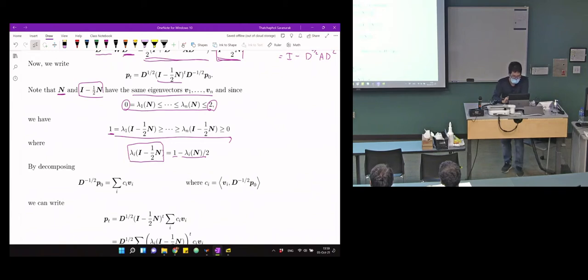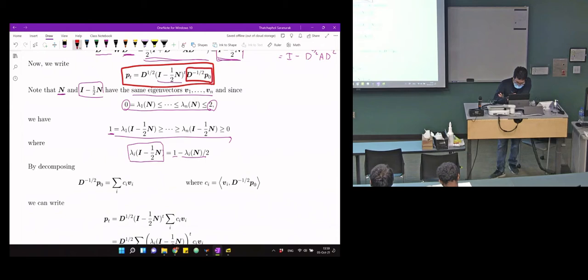All right. Let's do one more step. Let's try to write this thing in such a way that when you multiply it by this matrix, it's easier to analyze. To do that, we decompose it, writing it in the basis of eigenvectors of this matrix.